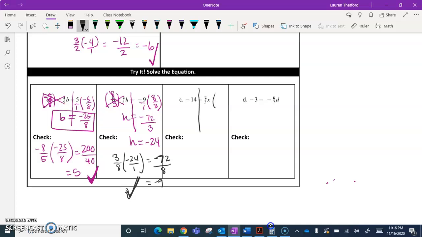Multiply by the reciprocal. The reciprocal is the flipped fraction, so we're going to flip it and make it 3/2. And we're going to multiply by 3/2 on both sides.